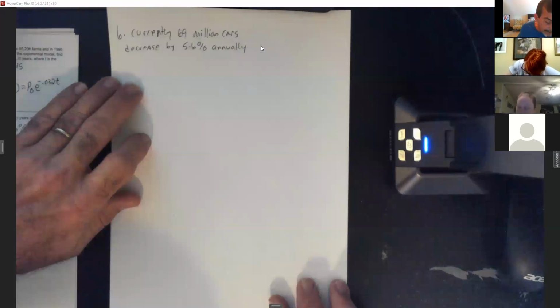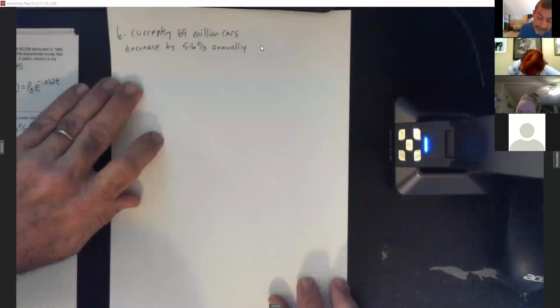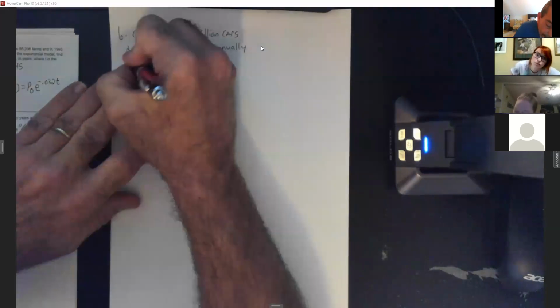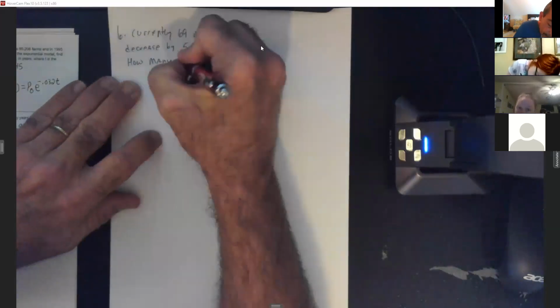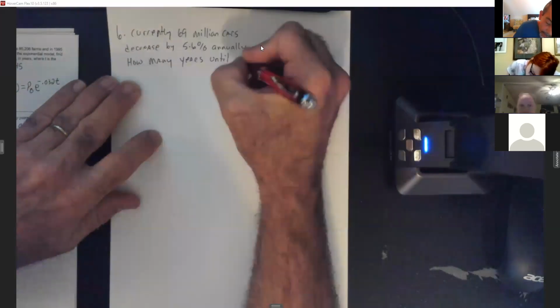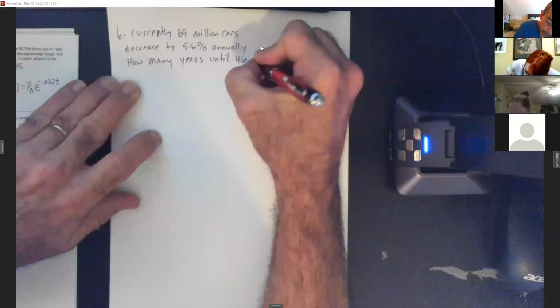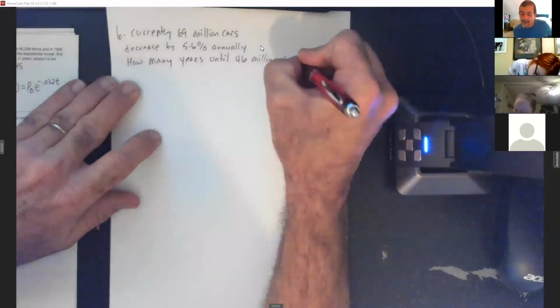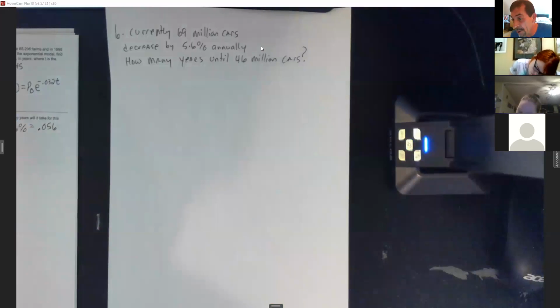How many years until they have 46 million cars? So this is not America they're talking about, because we don't decrease in cars. We would probably be increasing in cars.